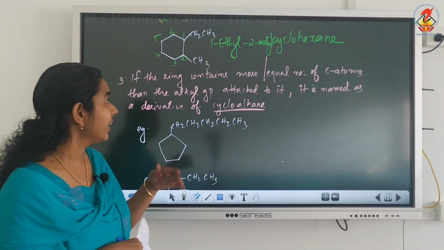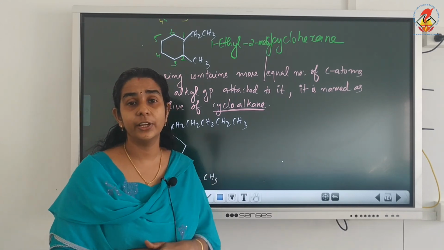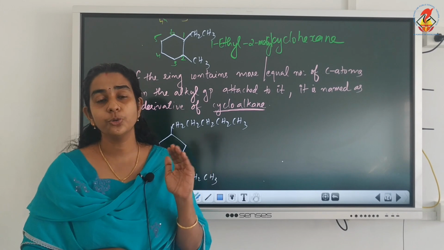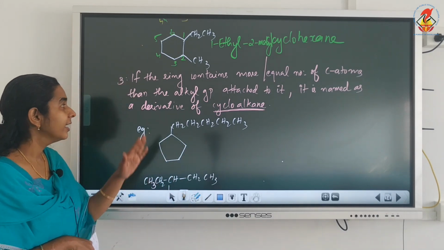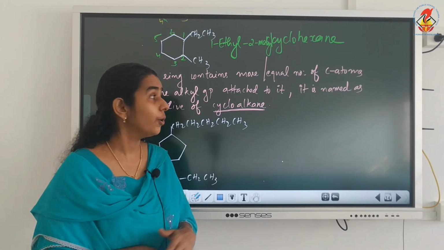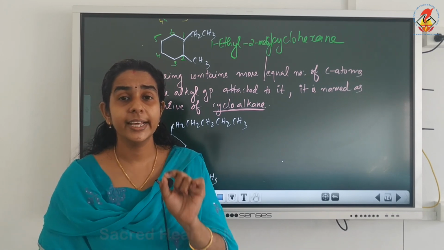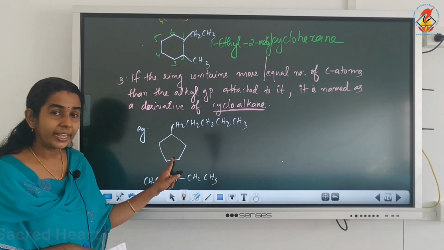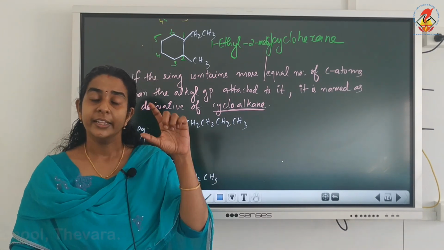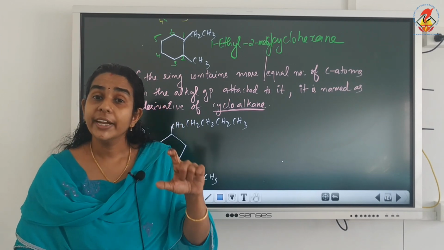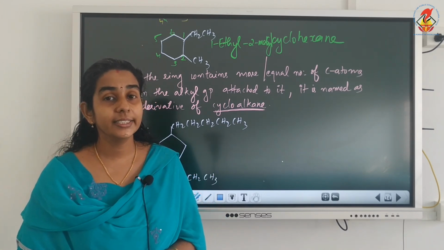If a ring contains more or equal number of carbon atoms than the alkyl group attached to it, the compound will be named as a derivative of cycloalkane, which means the cycloalkane will be considered as the parent.